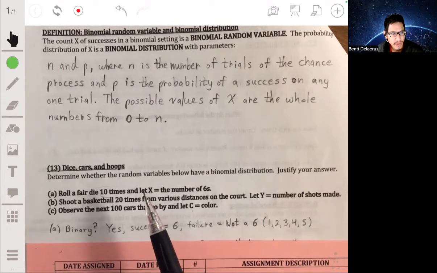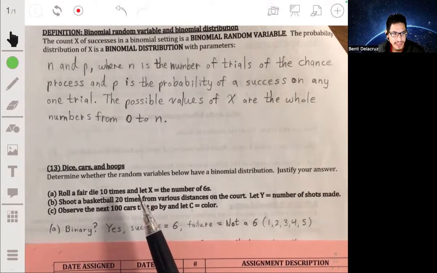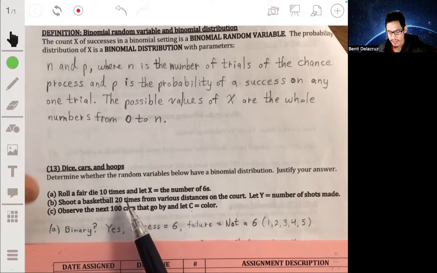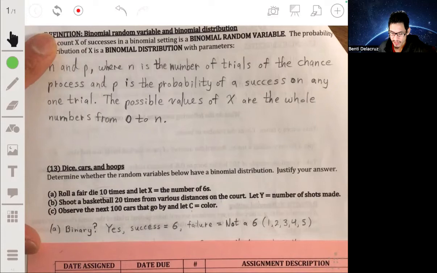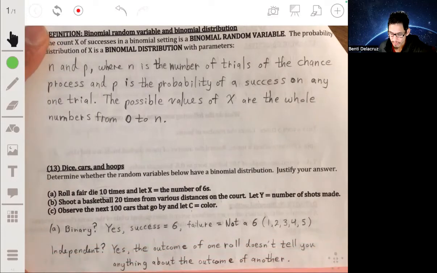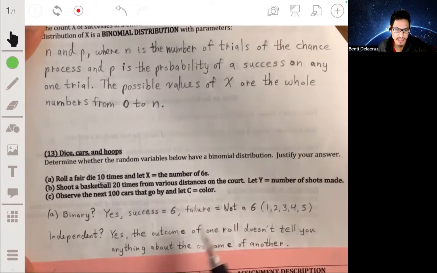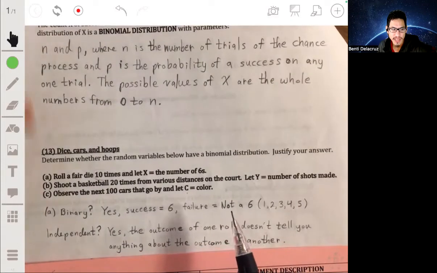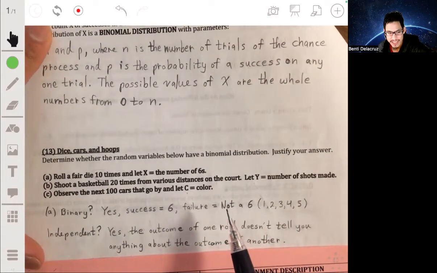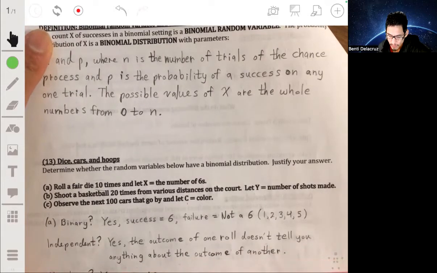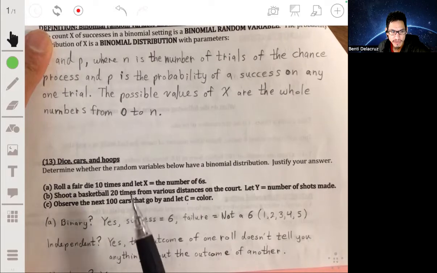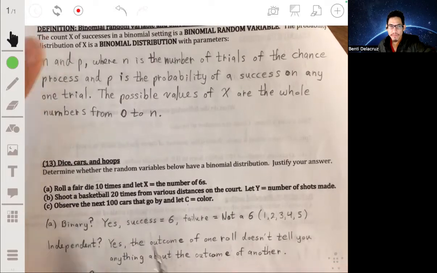So it satisfies the binary condition. Independence condition: if you're rolling a die 10 times, your result on the first toss doesn't tell you anything about the second toss or third toss, because the chances are always the same. It's always going to be 1/6 if the die is fair. So it satisfies that. Next, the number condition: do we have a fixed number of trials stated beforehand?